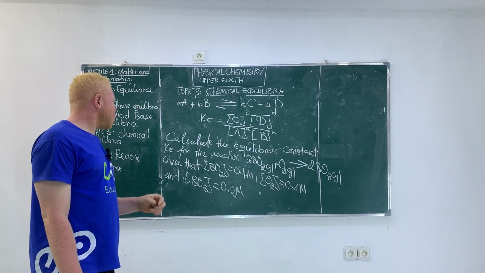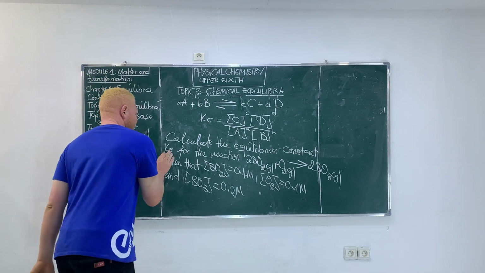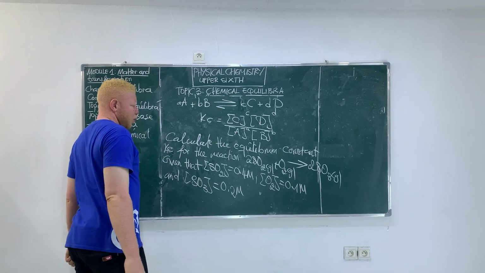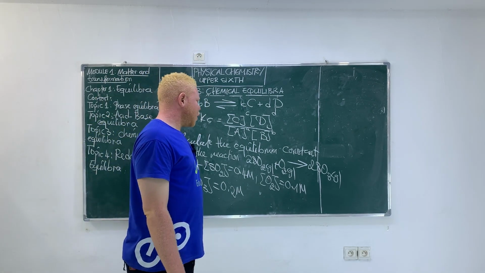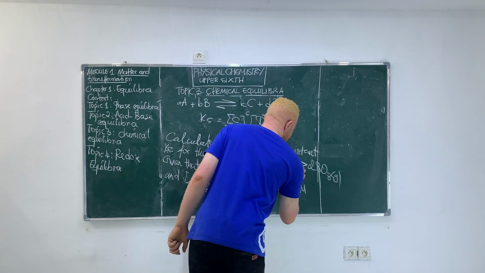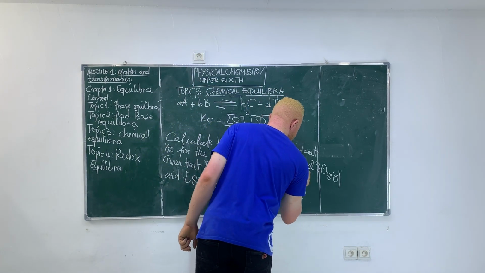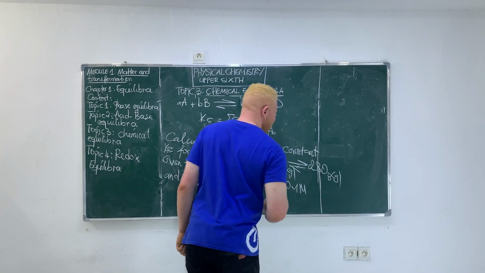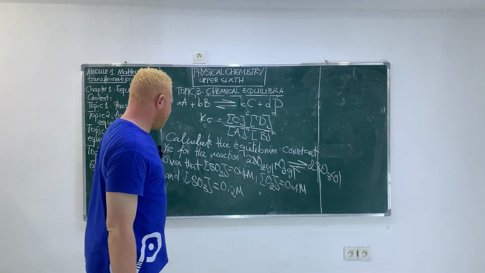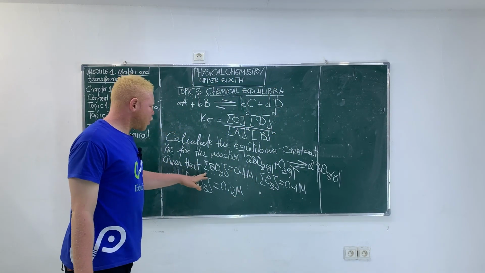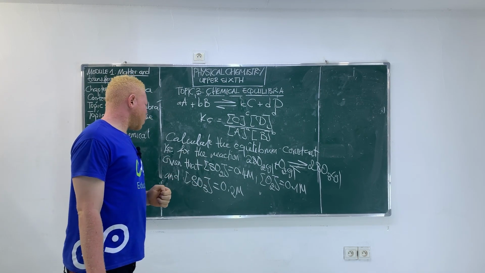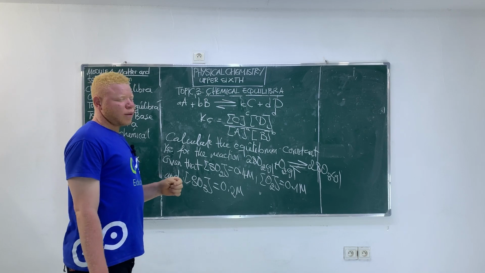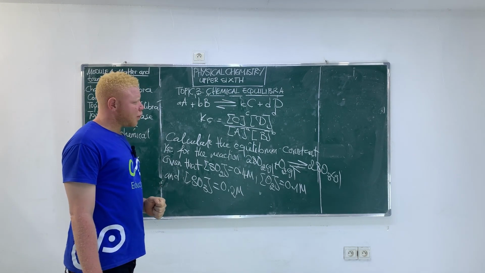Calculate the equilibrium constant Kc for the reaction 2SO2 gas plus O2 gas giving 2SO3 gas, given that the concentration of SO2 is 0.4 molar, O2 is 0.1 molar, and SO3 is 0.2 molar.